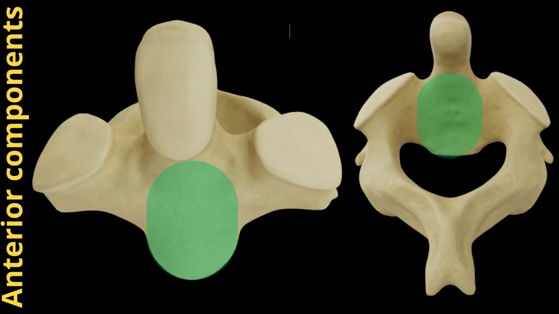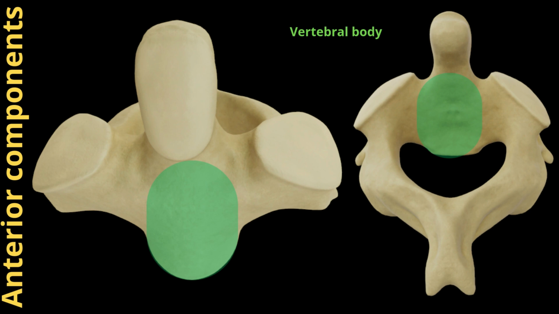Anterior components. Vertebral body. Compared to the vertebral bodies in the rest of the spine, the body of the axis is small. It is a composite structure. It consists of the partially fused center of the atlas and the axis, with a rudimentary intervertebral disc between them.